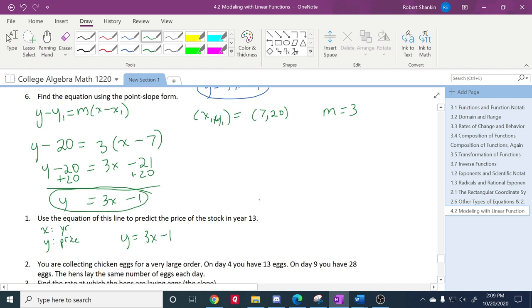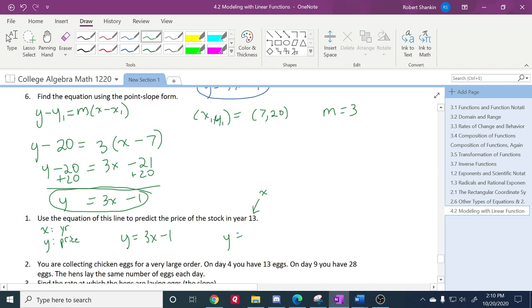So, year 13, is that an x or is that a y? Well, we look over here. It's clearly an x because it's the year. Use this line to predict the price, y, when the x is 13.